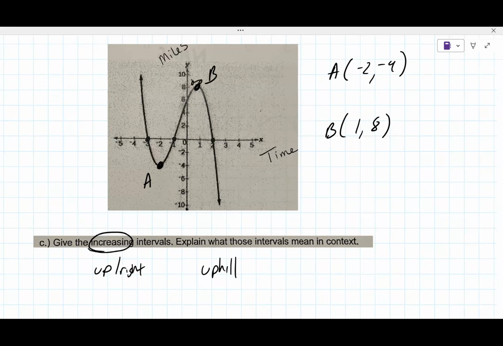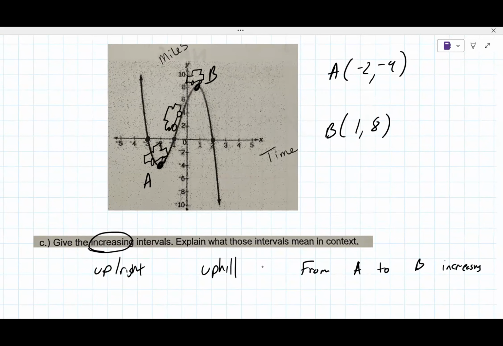You're not uphill anymore. Then you're going down, and then all the way up to this big line at the left. What I'm looking for here is from A to B, it's increasing. If you're driving along there, it would be all uphill.